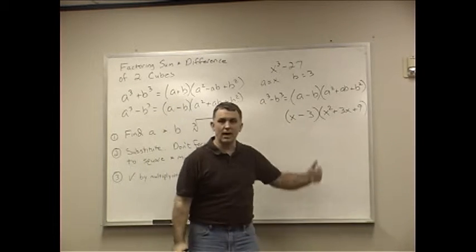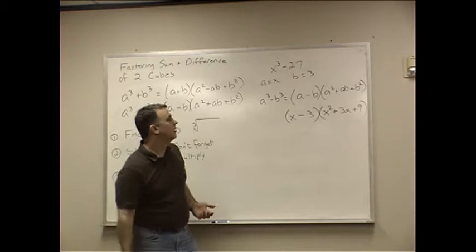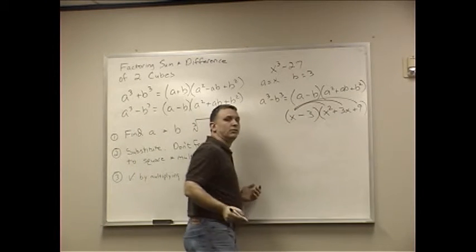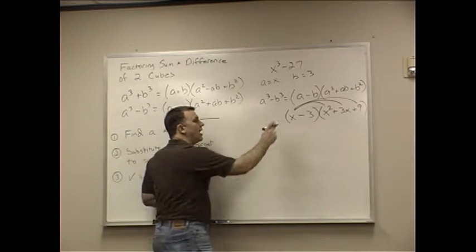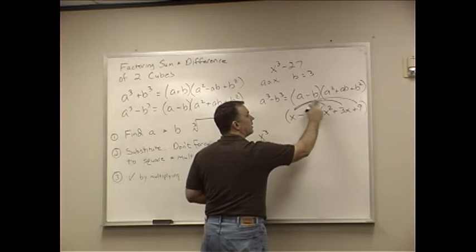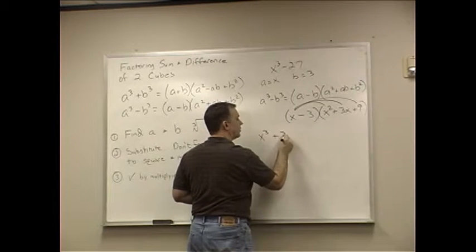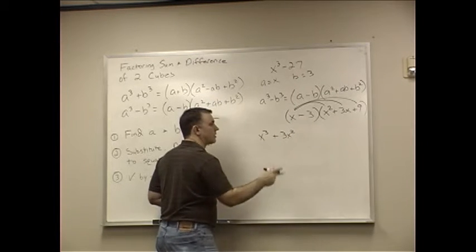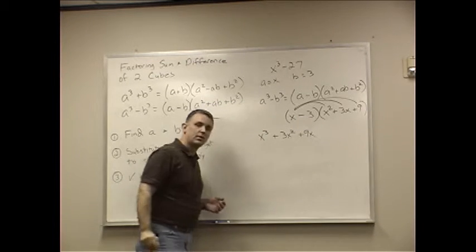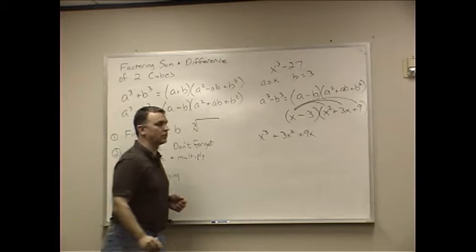Now you're not sure, oh boy, I don't know if that's the right answer or not. Well, if you don't know if it's the right answer, you could multiply it out. x times x squared is x to the third. x times 3x is 3x to the second. x times 9 is 9x. So that's the first number distributed through.